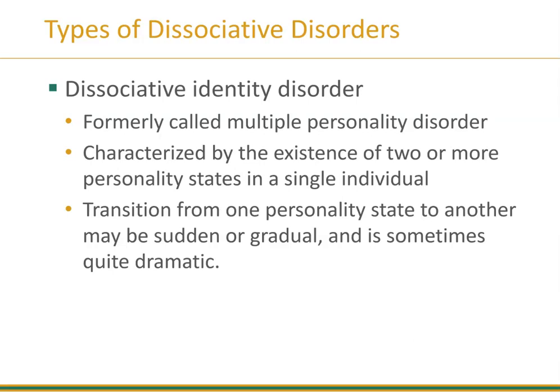If they are the opposite sex, if it's a woman that has a male personality, she will assume that male persona. Her voice will sound male. Same thing for the men who may have a woman as one of their personalities. Well, they're going to take on the persona of a woman and sound like a woman, or an older man or a weak person, if that's one of their personalities.